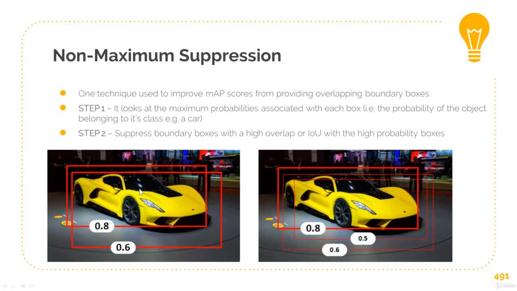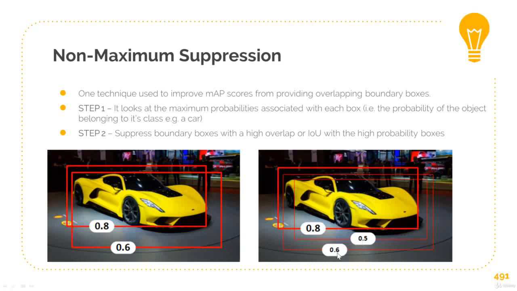So if we have 2 or 3 boxes that say this is a car, but they have high overlap, it looks at the highest probability box. That's this one here in red. And it checks the IOU with the other boxes. So in this image here, we see that we have 3 boxes that our object detector has highlighted.